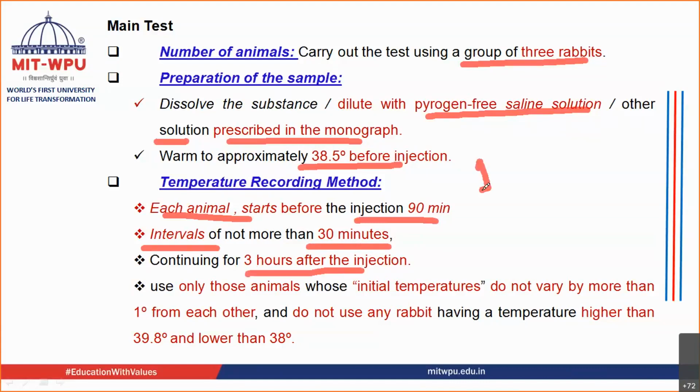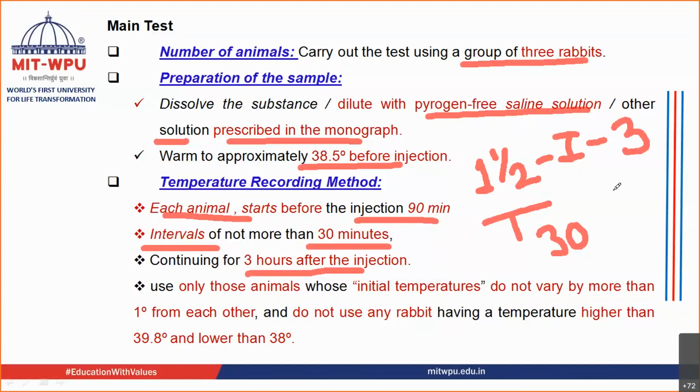So 1.5 hours before the injection, you are going to measure the temperature every 30 minutes. Then you are going to give the injection to the animal. Then for the next 3 hours you are going to monitor the temperature, say every 30 minutes.